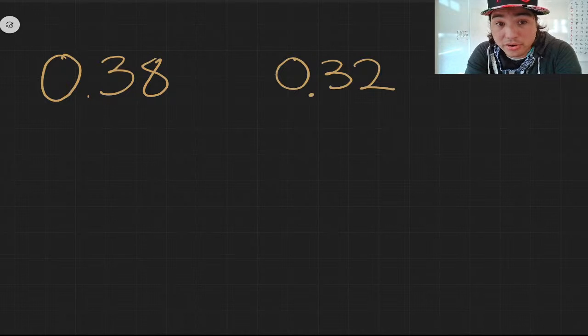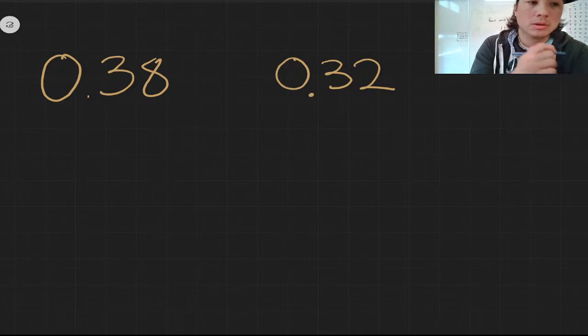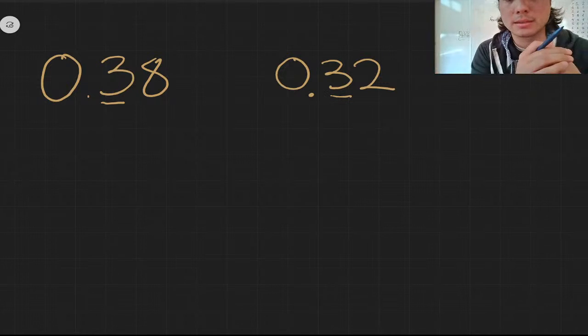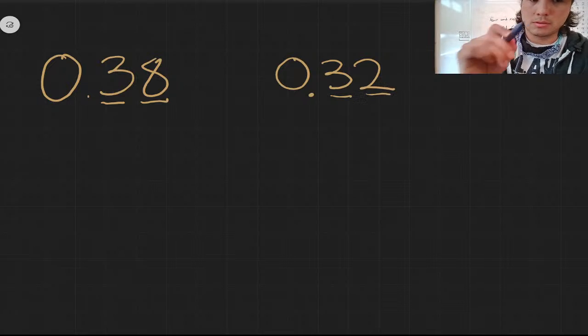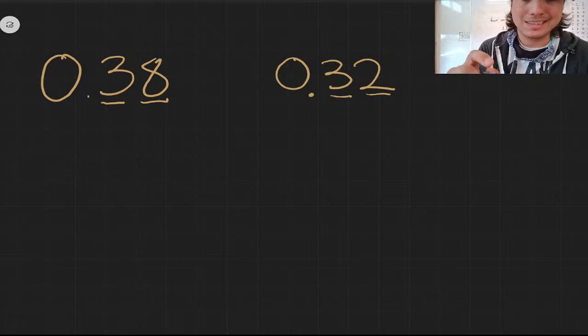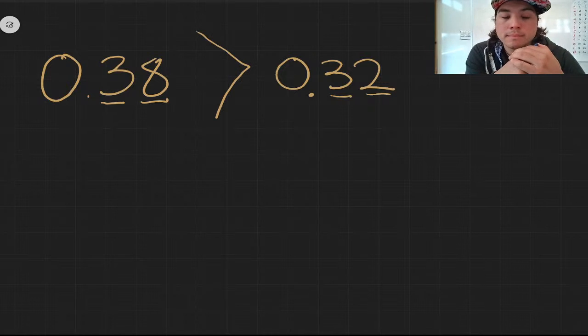So what's greater, 38 or 32? Because we've got the same size piece going on here. They both have 3/10. That's equal. So we've got to go to the hundredths. 8/100 is more than 2/100. It's more by 6. So our 38/100 would be greater.